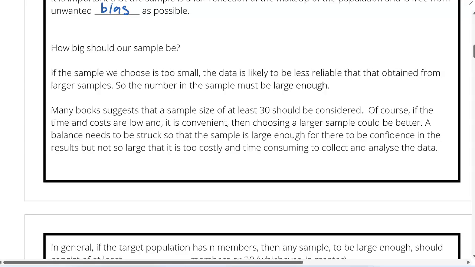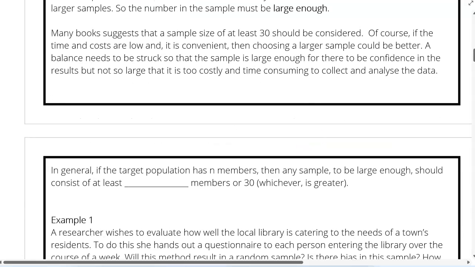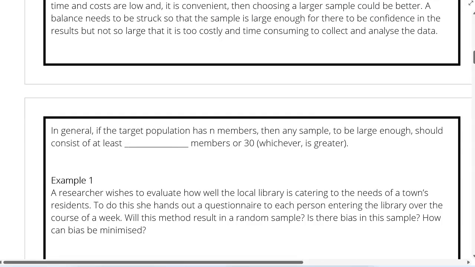If you only ask 1 or 2 people, that's really not going to give you a good gauge. Lots of books talk about having at least 30 samples. If you can, have more, but certainly no less than 30, to give you at least a good gauge of what people's opinions or ideas might be.